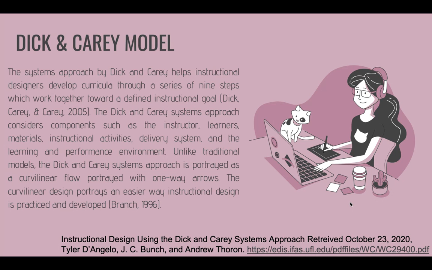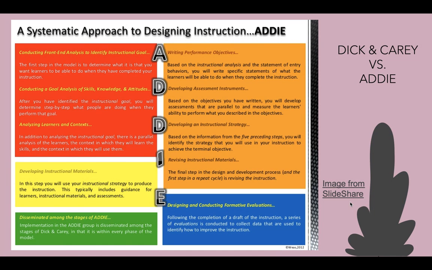Basically, the Dick and Carey model is just a broken down version of the ADDIE model. So if you're using the ADDIE model, you probably mixed in some of the Dick and Carey features inside there. The ADDIE model has its 5 steps, and in the Dick and Carey model, some people say there's 9, some people say there's 10.